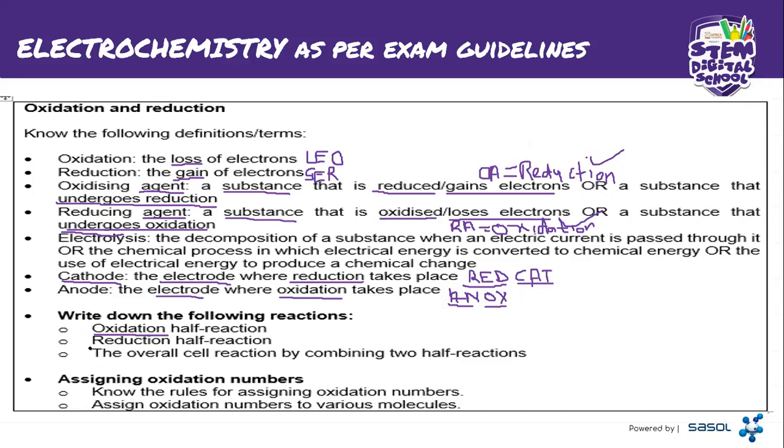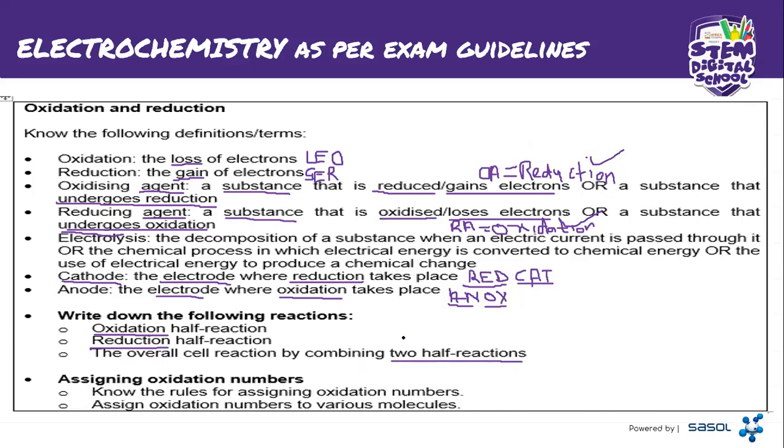Remember, the reduction half reaction shows us a reaction where a chemical substance or a species is actually gaining electrons, because reduction is the gain of electrons. And then the overall cell reaction by combining the two half reactions.